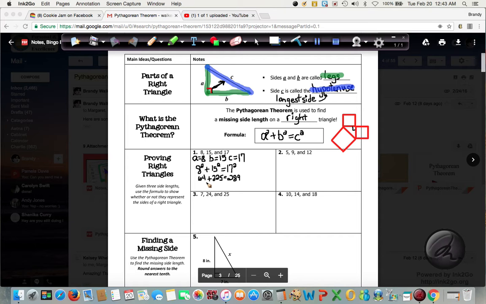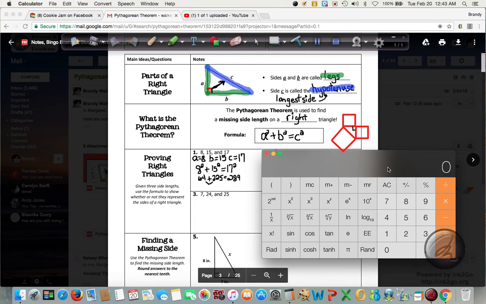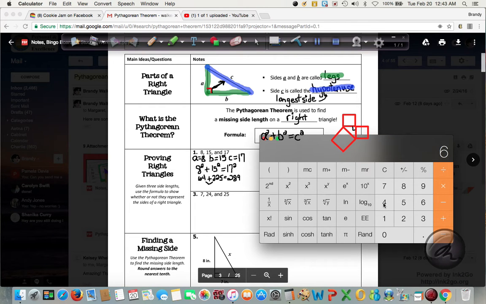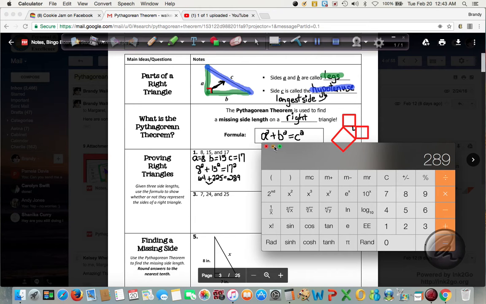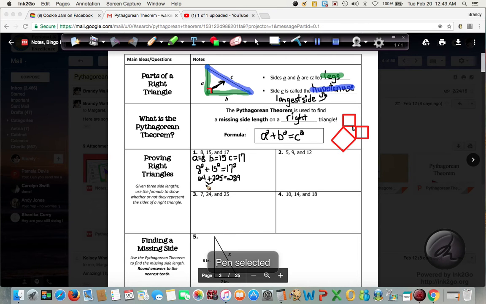One last step, I need to add these two together. Grab my calculator again. And let's see, 64 plus 225 equals 289. All right, that's awesome. So what you do is you come over here and write 289 equals 289.